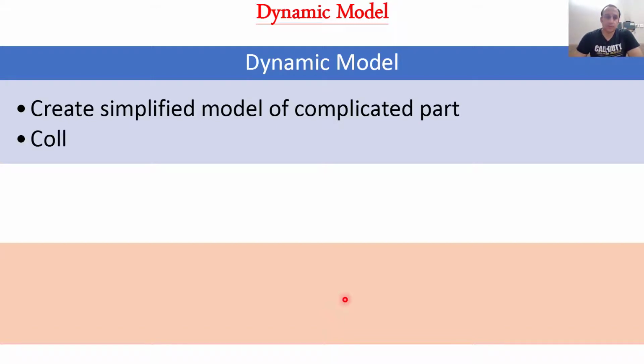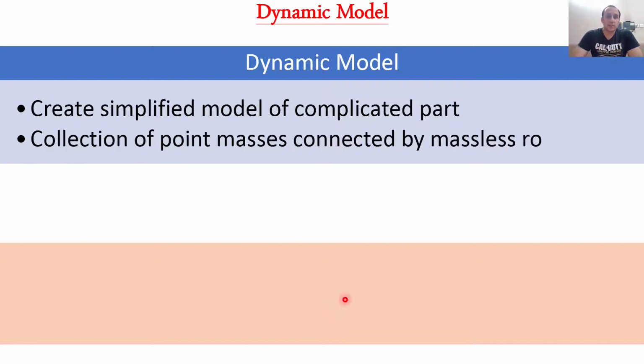Basically, the dynamic model is a collection of point masses connected by massless rods. You know that if we have an object, a part, its mass will be distributed according to its geometry. But every part will have a center of gravity where all of its weight or mass will act.